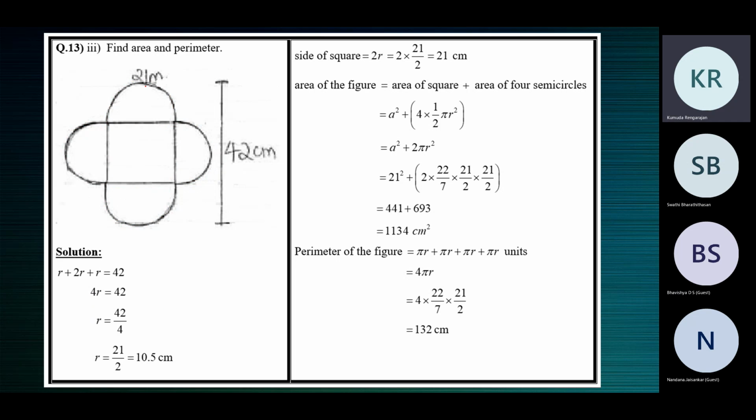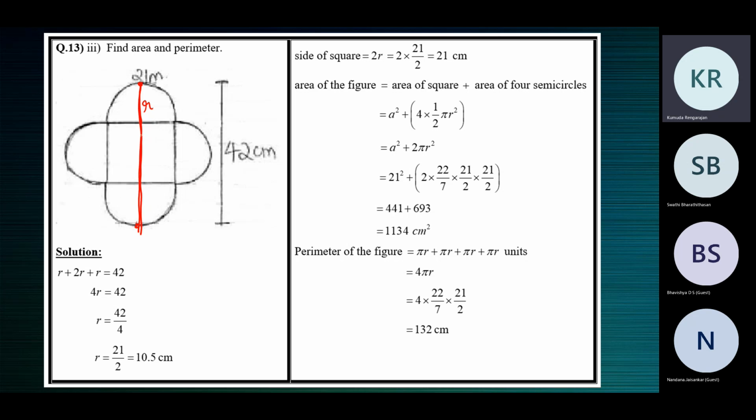The total height from this point to this point is 42 centimeters. Now, what is it made up of? This is the radius of the semicircle.